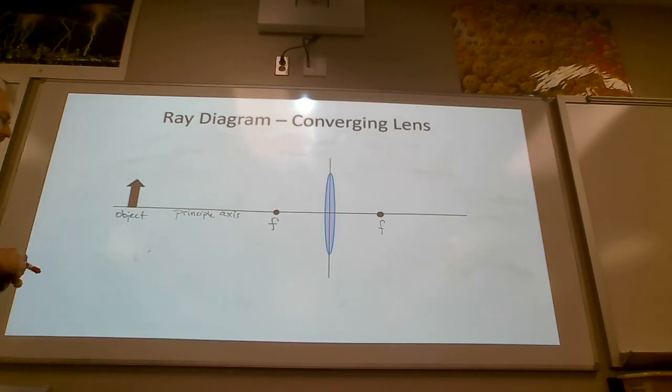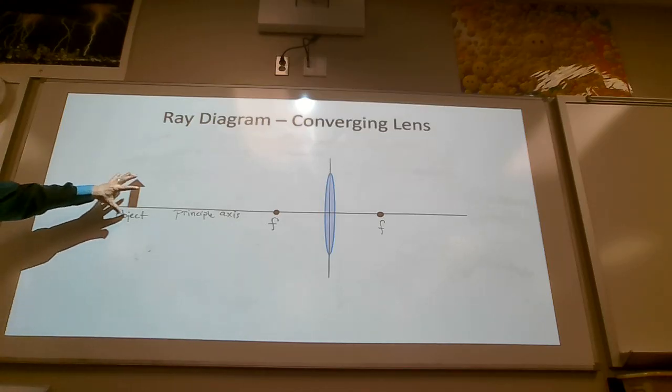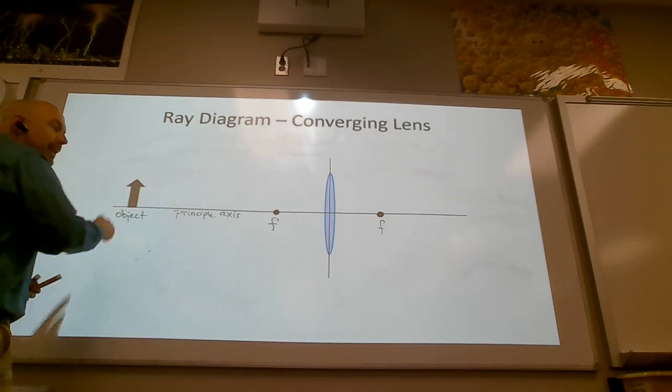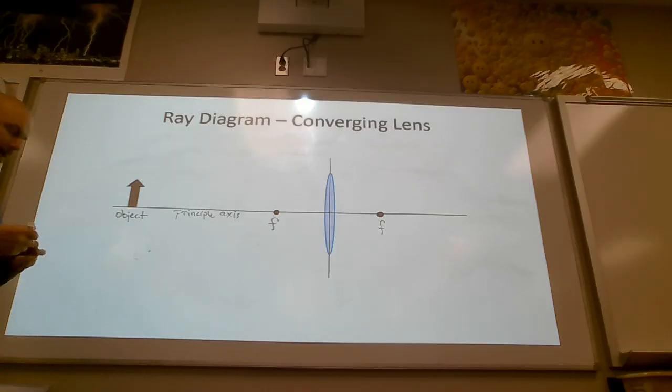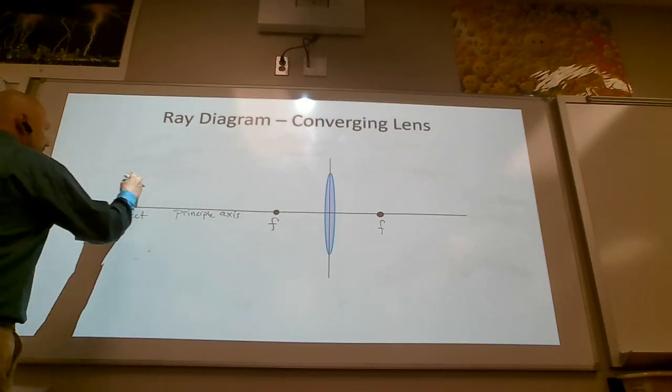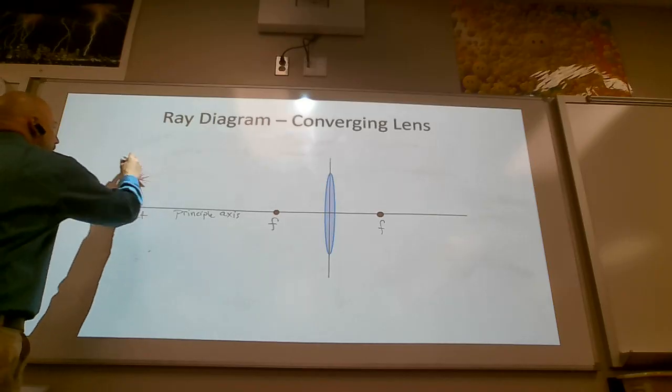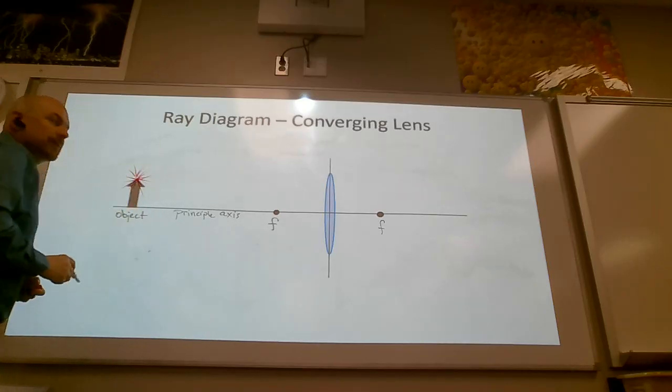Don't draw this. Just listen on this part. The fact that we can see this object means the light's being reflected off of this object in all different directions. Okay? I'm just going to focus on one point, at the very top. Light's coming off of this object in all different directions.